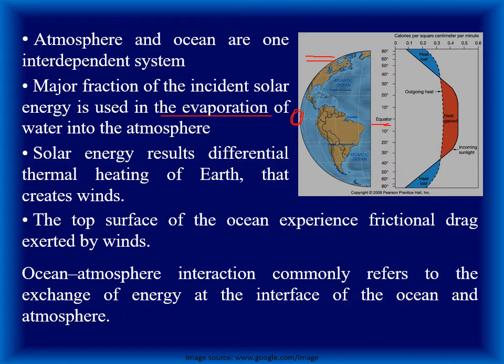Now, the difference in solar energy over the Earth's surface causes differential thermal heating over the Earth's surface. So there is a net heat gain in the equatorial region and heat loss in the high altitude polar regions. Due to these different thermal conditions, certain high pressure and low pressure areas form, and wind movement starts from high pressure areas to low pressure areas.